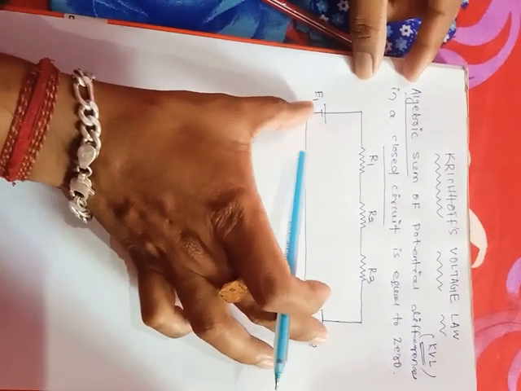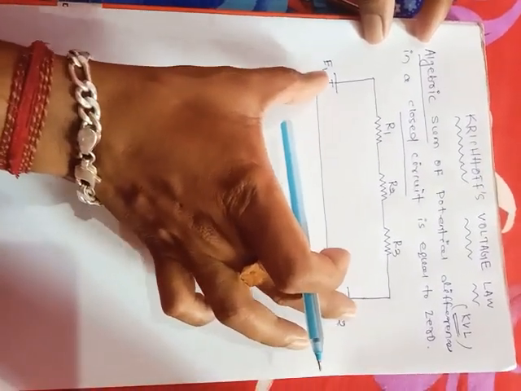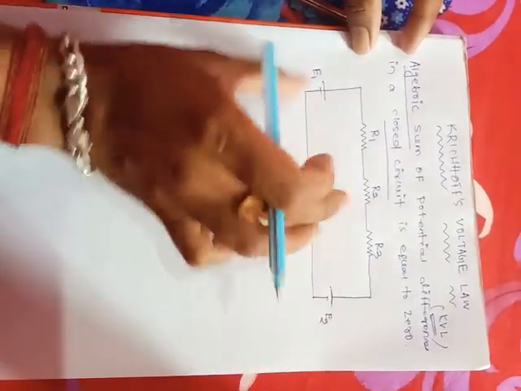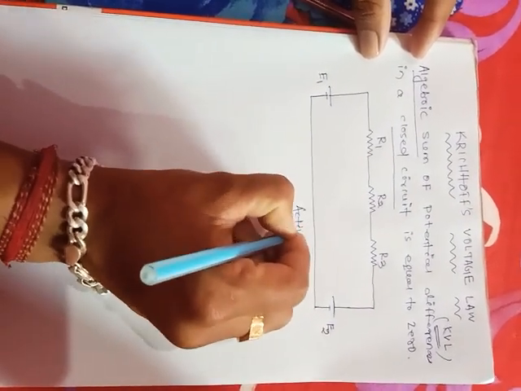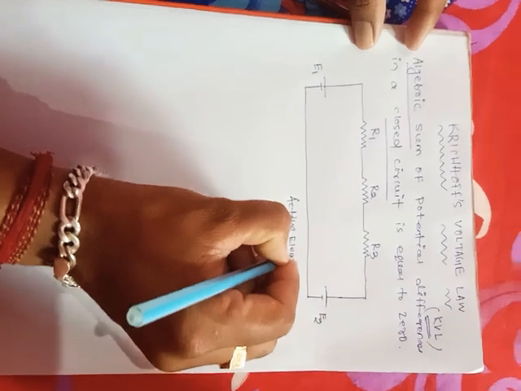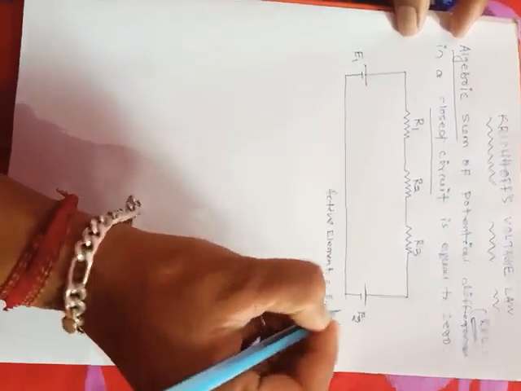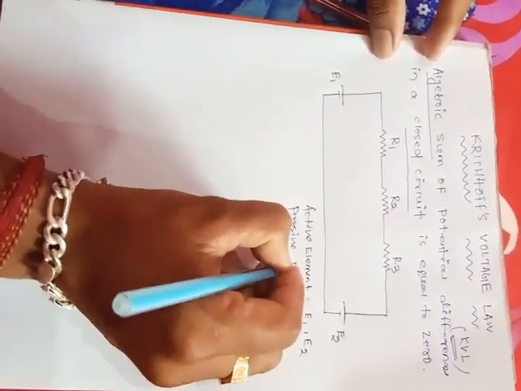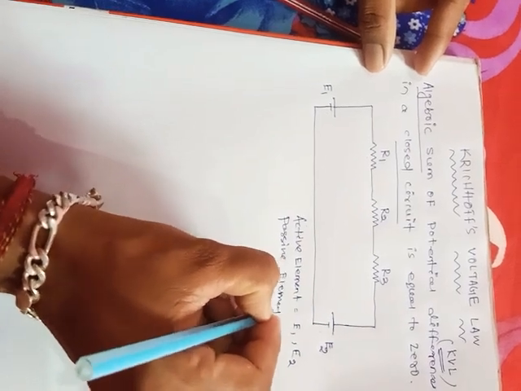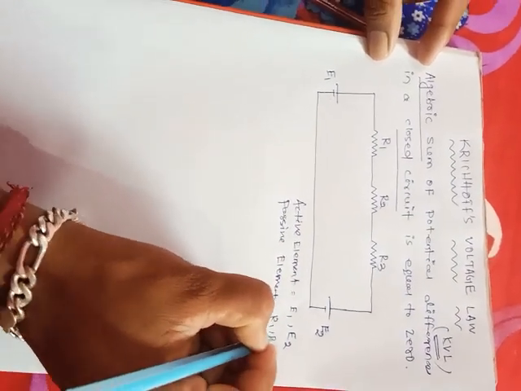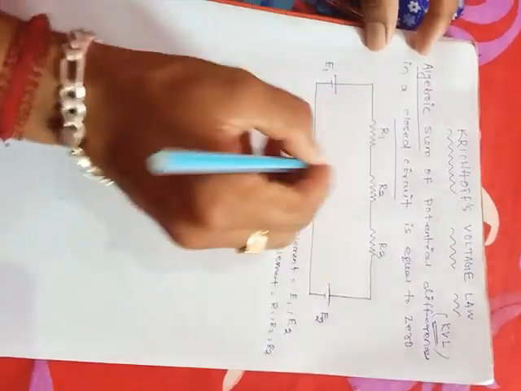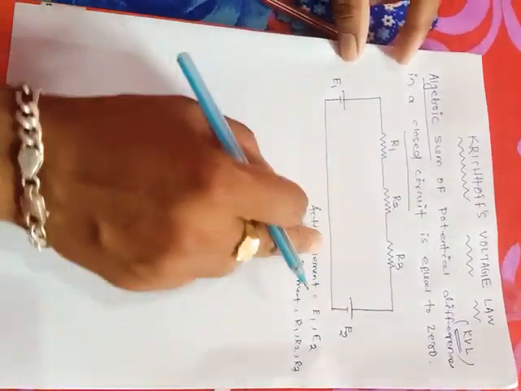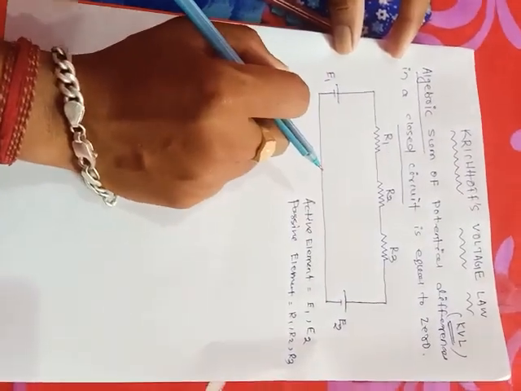E1 and E2, the battery sources, are the active elements, and R1, R2 and R3 are the passive elements. In this circuit, two elements are active and three elements are passive.